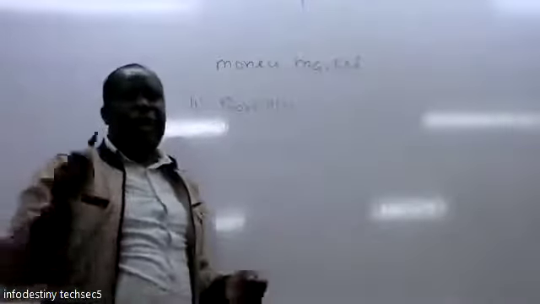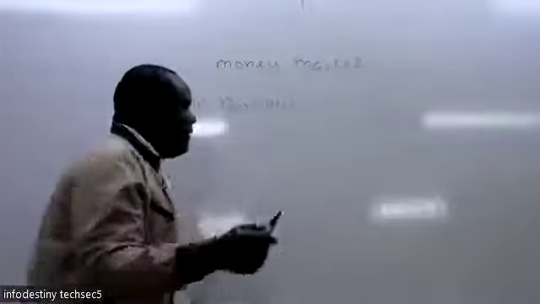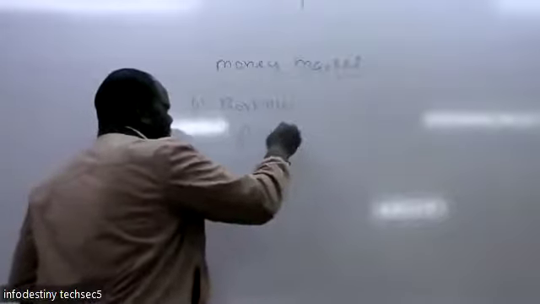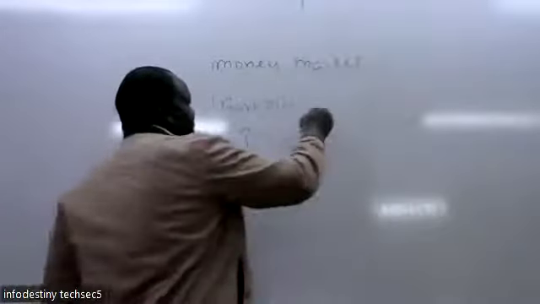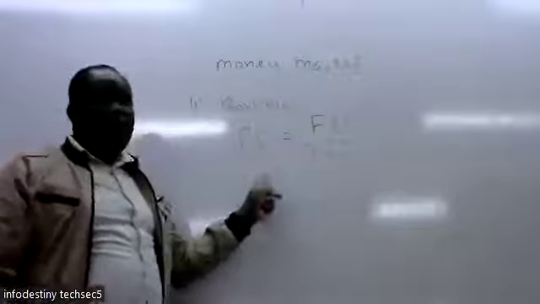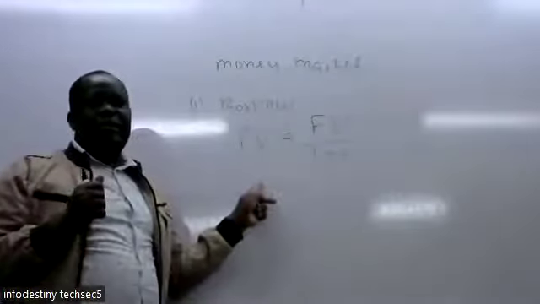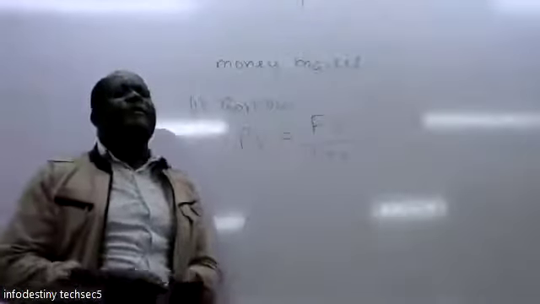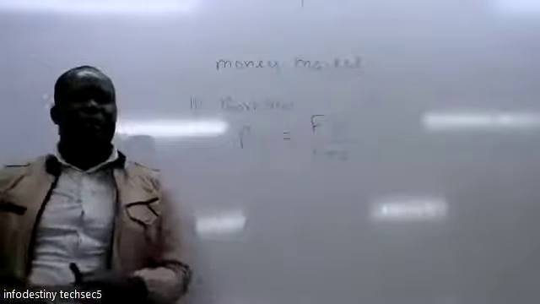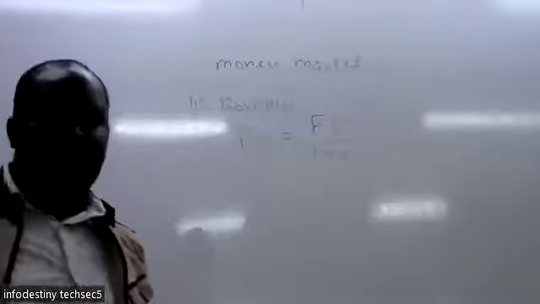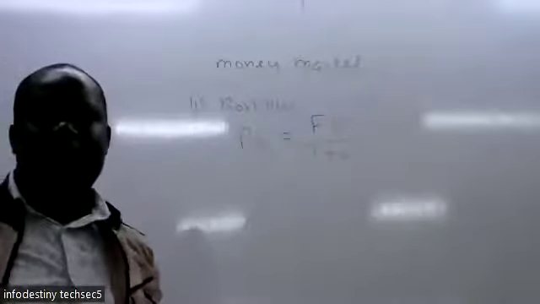So he will go to Tanzania and borrow. So you want to know how much is he going to borrow. The amount to be borrowed will be the present value. So to get the present value, simply take the future value, divide by 1 plus R. So the amount he's borrowing today is not 900 million. It will go to 900 million after 3 months, so that that person pays. So you borrow less than 900 million. Then they will be charging you interest to be matching to 900 million after 3 months.